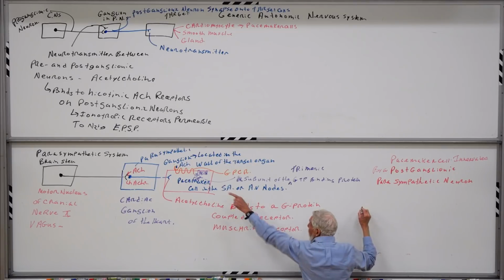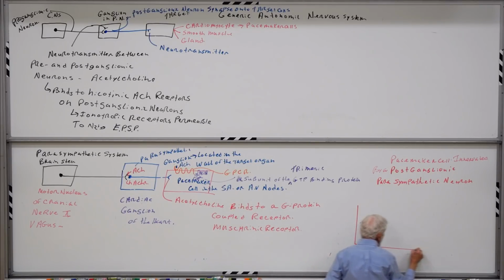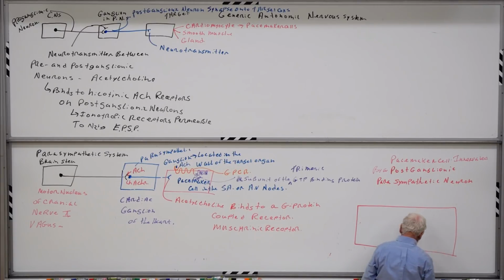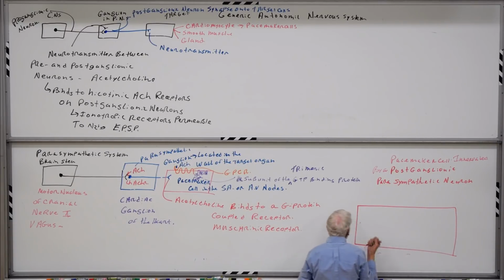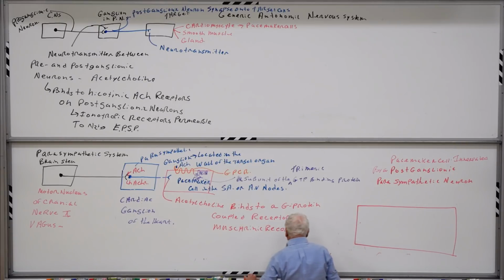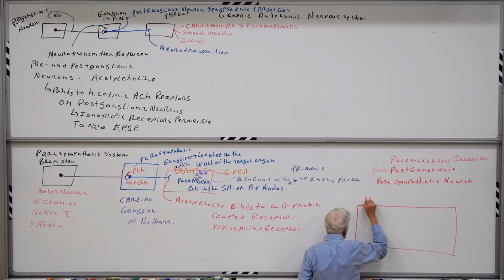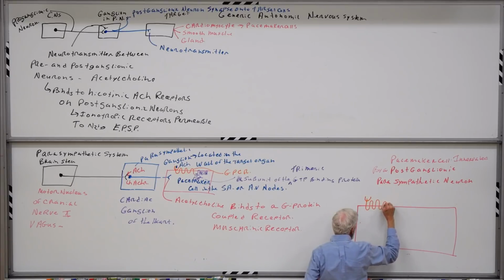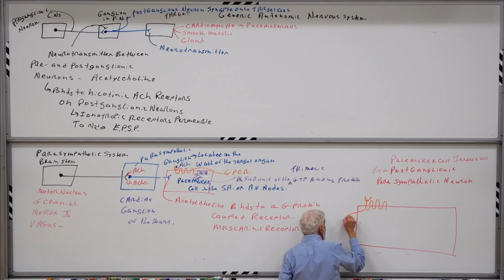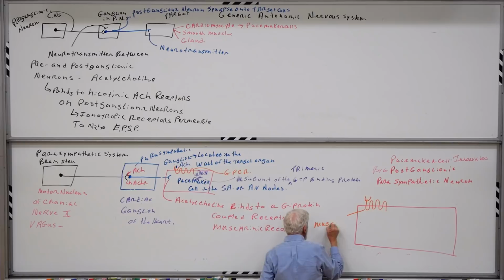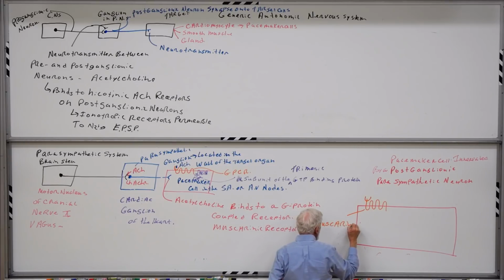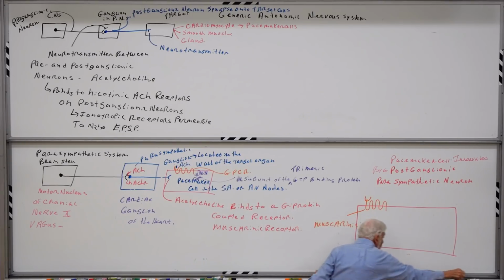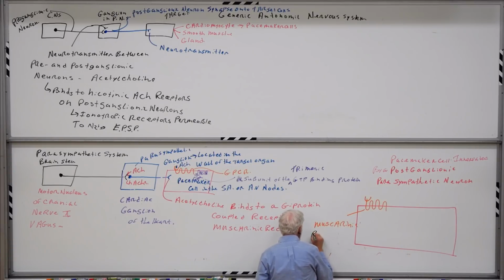So if this is our box, made a little bit bigger, and in orange we have this muscarinic receptor, which of course is a type of G-protein coupled receptor.